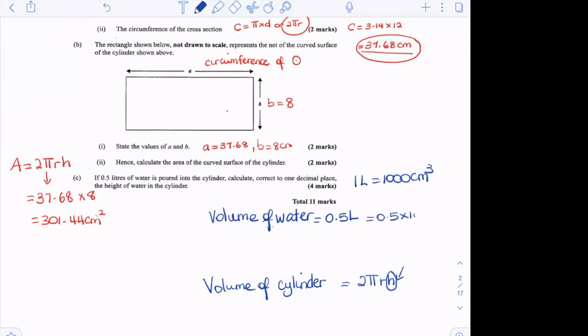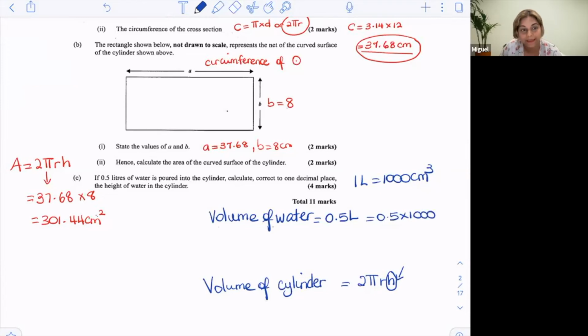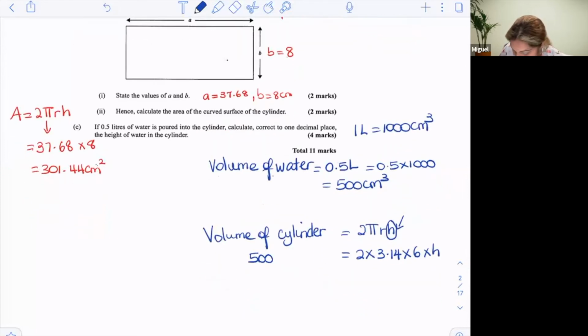500. Now you can't work in liters. So every time they give you a volume in liters, you must change it to centimeter cube. So 500 is equal to 3.14 by the radius 6 by 6 by h.